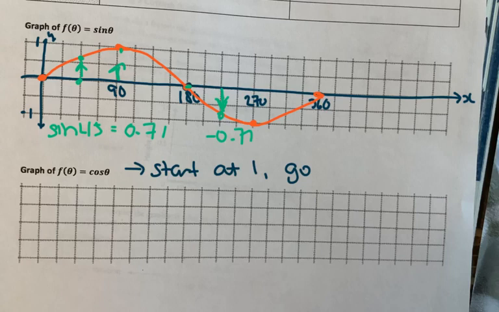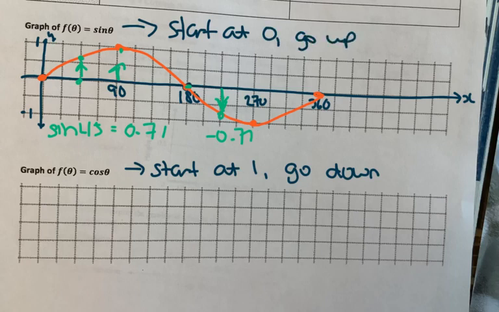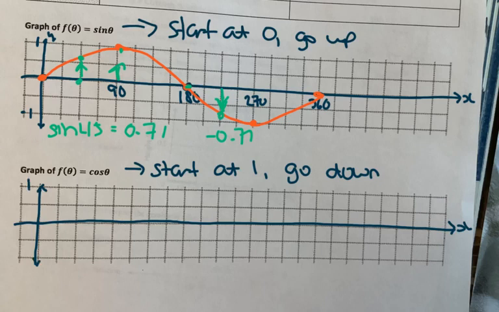Okay, now the graph of cos, we start at 1 and then we go down, whereas up here we started at 0. So same thing here, up to +1, down to -1. And then we'll label the same degree measurements. Okay, so we're going to start up at 1.